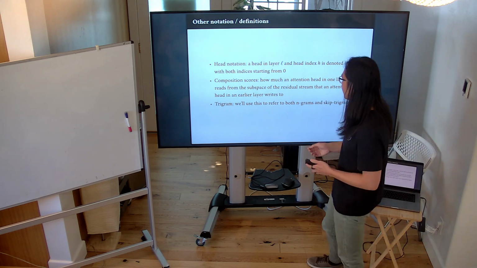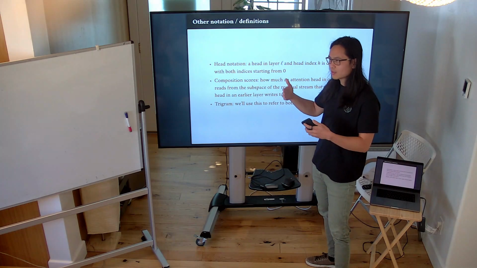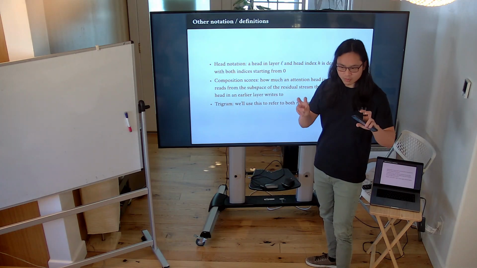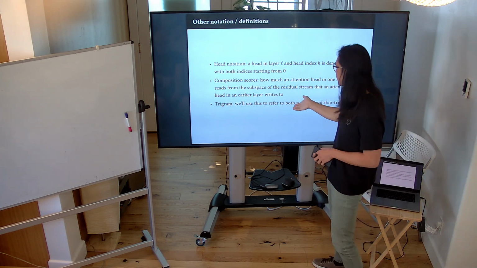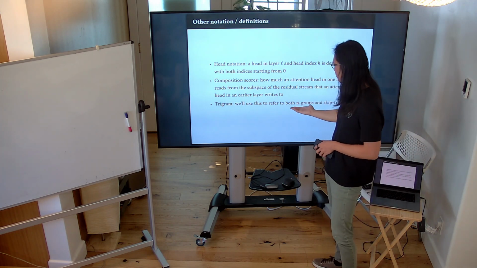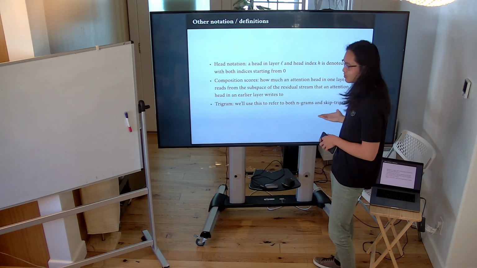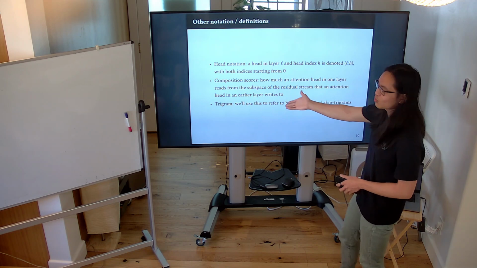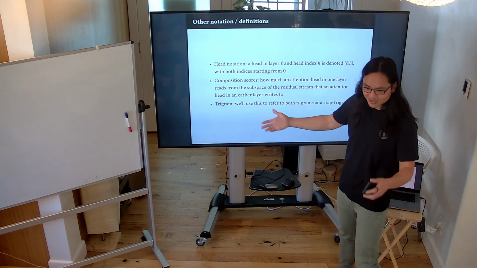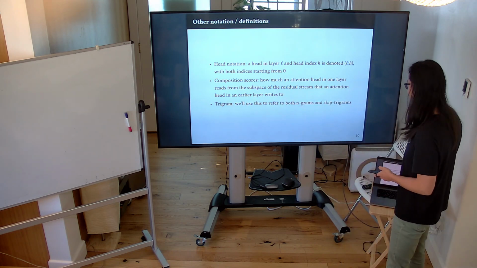This is a measure of how much two attention heads compose with each other. And frequently throughout this talk, we want to refer to both n-grams and skip-trigrams as a whole, so we'll just use the word trigram as a shorthand instead of repeatedly saying n-grams and skip-trigrams.